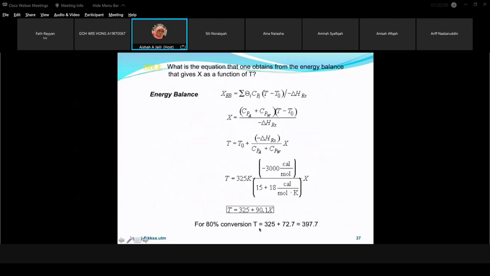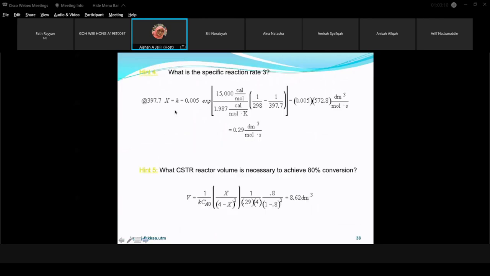So you can get the T first. T at X equals 0.8 is 397.7. Then when you get the T, you can put the T in to get the K, the small k. Right? Yes, that's right.